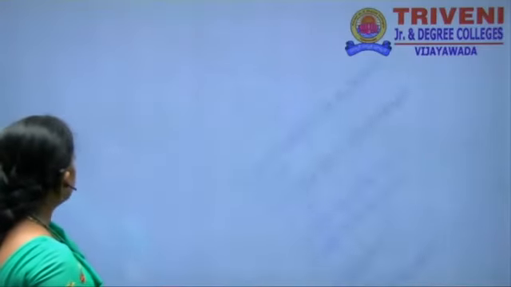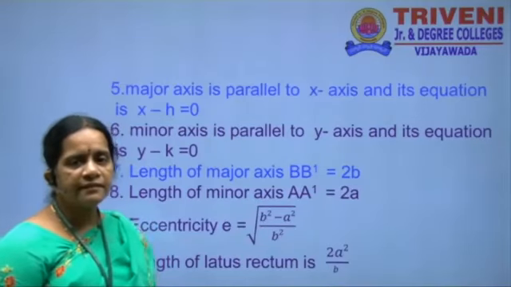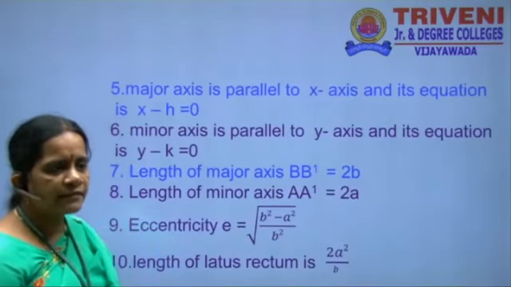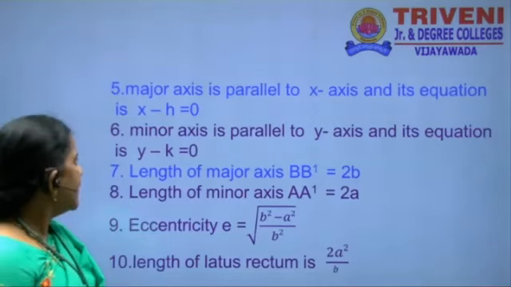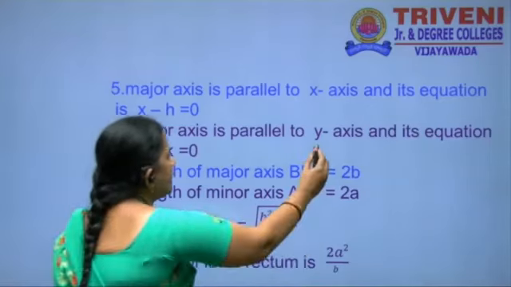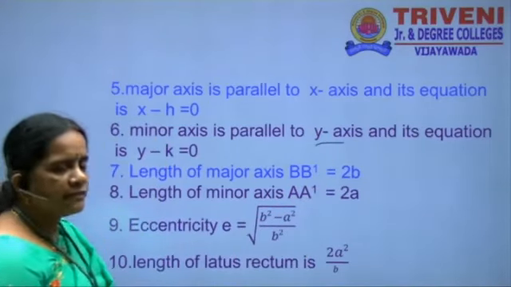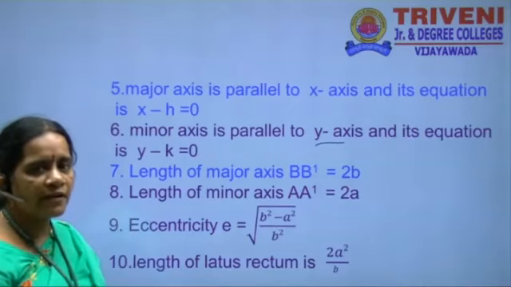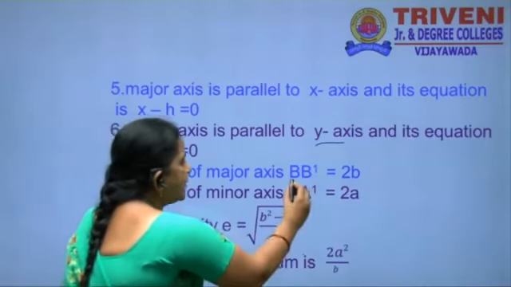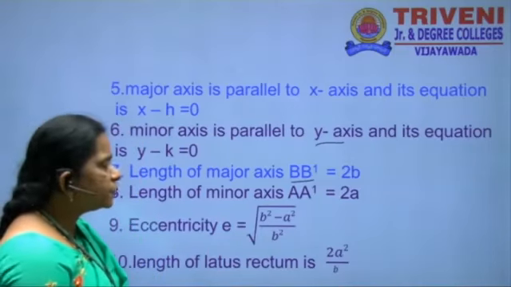major axis and minor axis. Here the major axis is parallel to the y axis, and the equation is x minus h is equal to 0, and the minor axis is parallel to the x axis, and the equation is y minus k is equal to 0. Here the length of the major axis is denoted by bb dash. bb dash is equal to 2b.